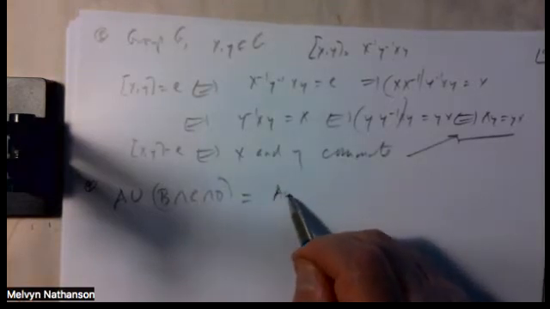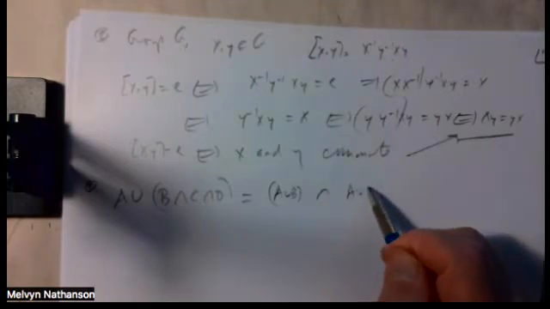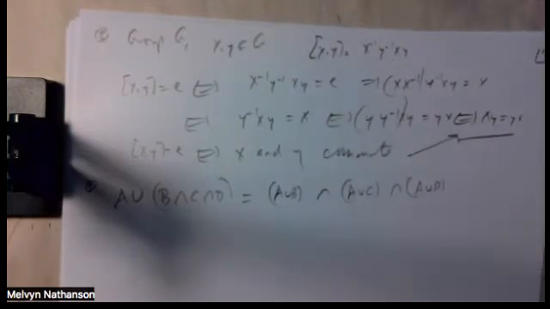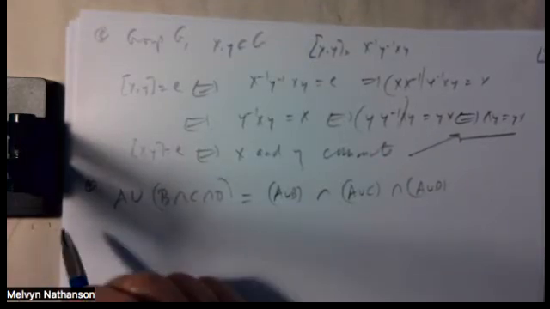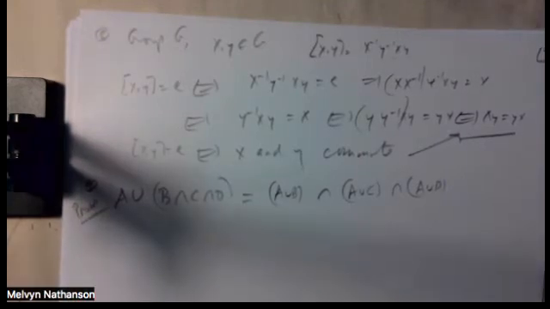This is (A union B) intersect (A union C) intersect (A union D). So we want to prove this identity. One way to show two sets are equal is to show that each is contained in the other.